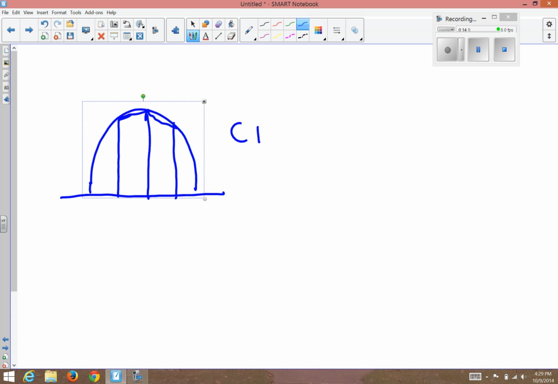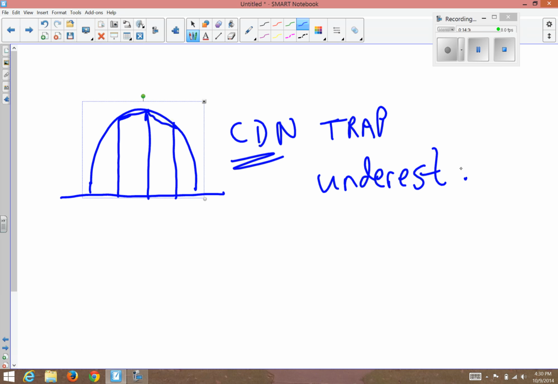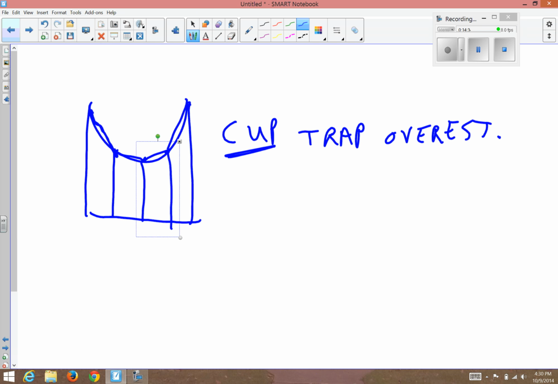If a curve is concave down, the trapezoidal approximation will be an underestimate. See? Underestimate. Concave down, trapezoids underestimate. Concave up, trapezoids overestimate.